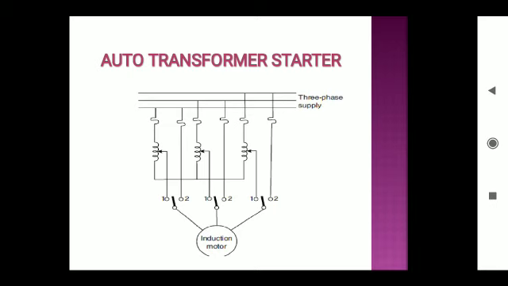The handle is held in the run position by the under voltage relay. In case of supply voltage failure below a certain value, the handle is released and returned to the off position. And of course, the overload protection is provided by a thermal overload relay.